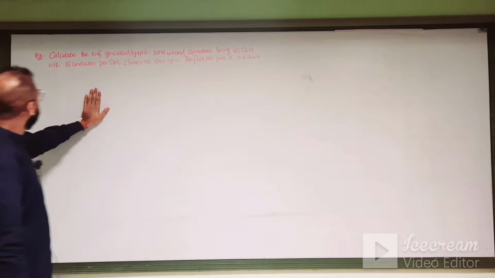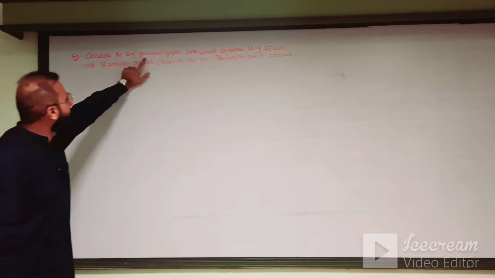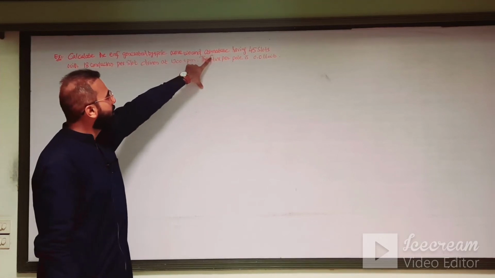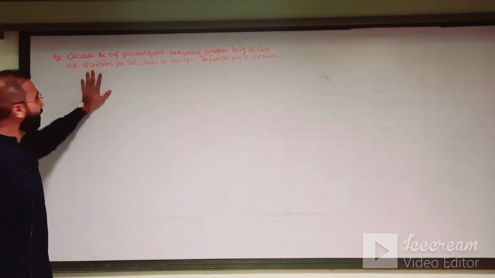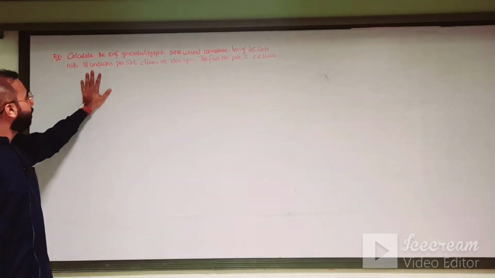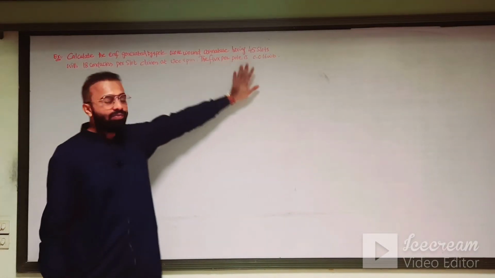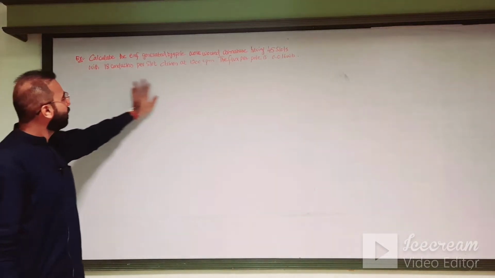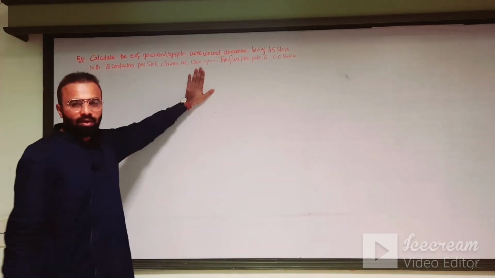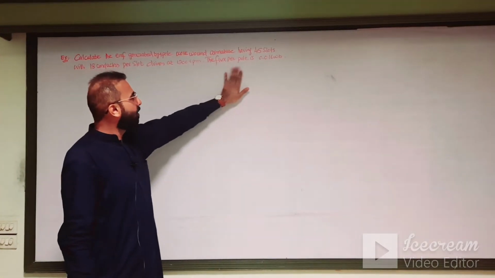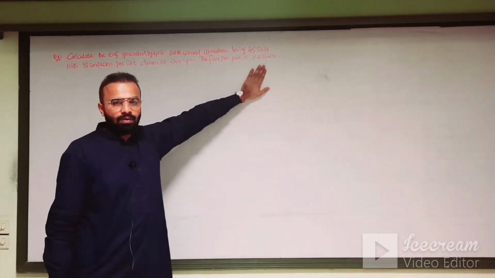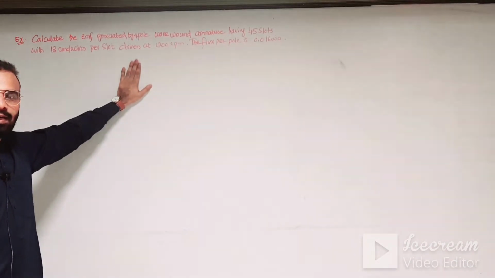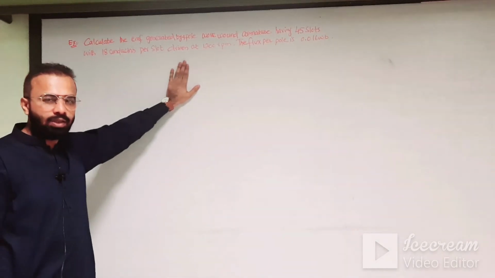The example is: calculate the EMF generated by a 4-pole wave wound armature having 45 slots with 18 conductors per slot, driven at 1200 rpm, and the flux per pole is 0.016 Weber. We have to calculate the generated EMF in the wave wound generator.